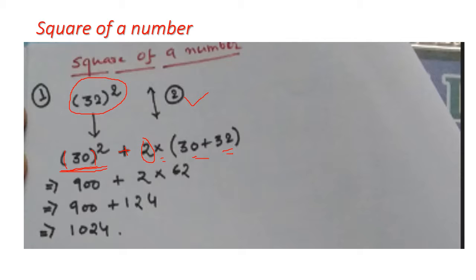Now as 30 is less than 32 and it is less by 2, we have to give plus, then 2, that is the difference between 32 and 30, cross 30 plus 32. So 30 square is 900, plus 2 into 62 is 124, 900 plus 124 is 1024.